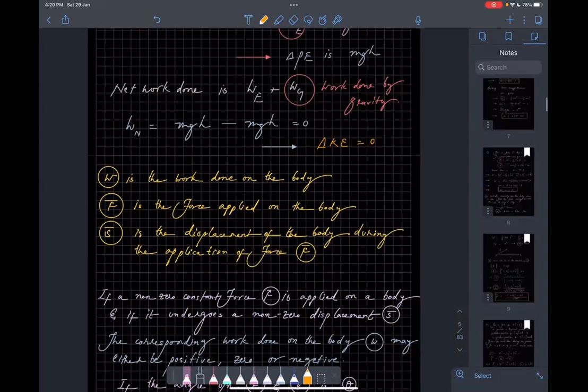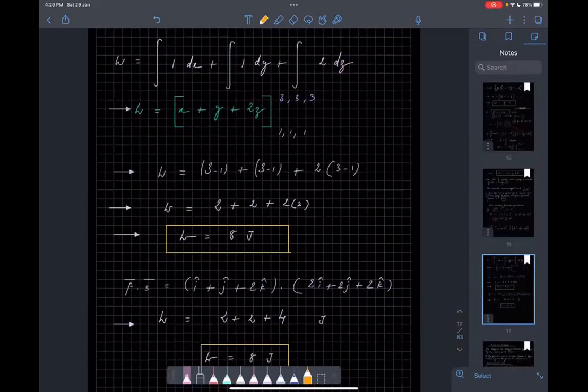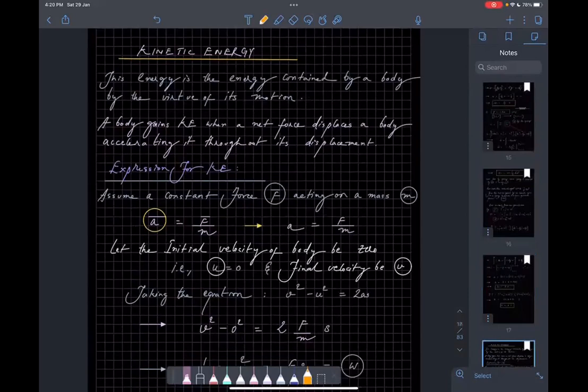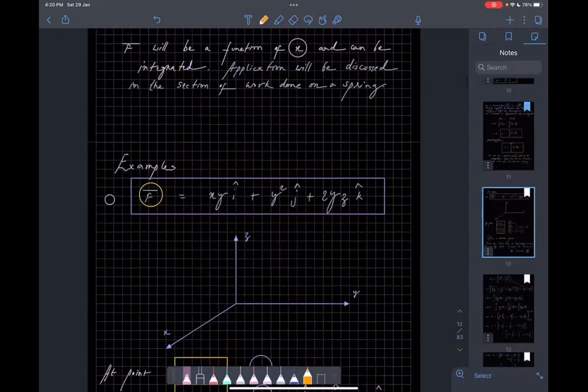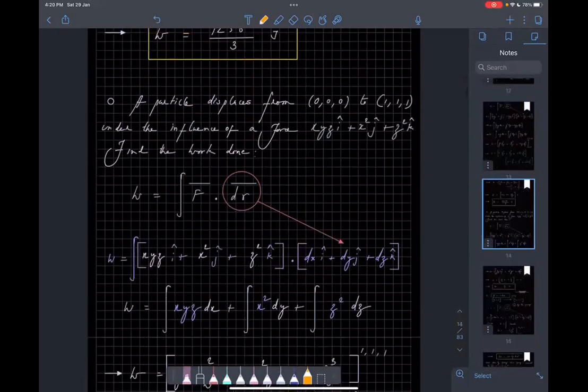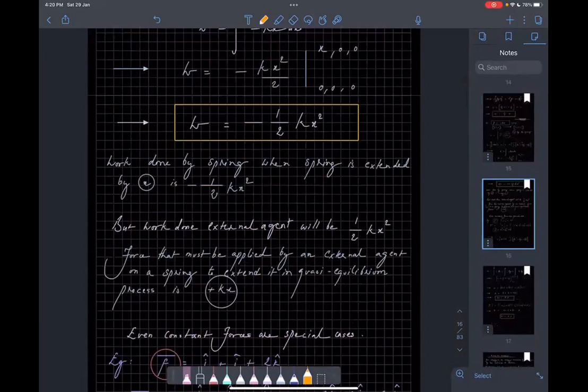Now here, when we talked about the spring, work done by the spring when extended by x is minus half kx square. Work done by the external agent is plus half kx square.